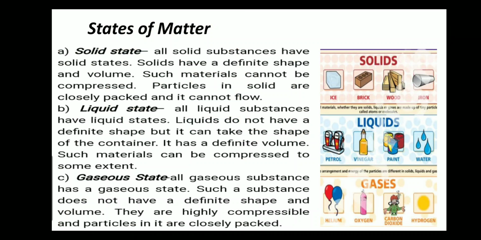Like if you store 1 liter of water in both jug and bottle, that liquid will take the shape of the container. Okay. So they are loosely packed and so they are free to move. Example: petrol, oil, milk. Okay.